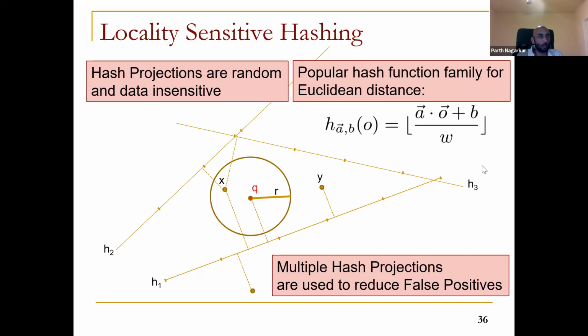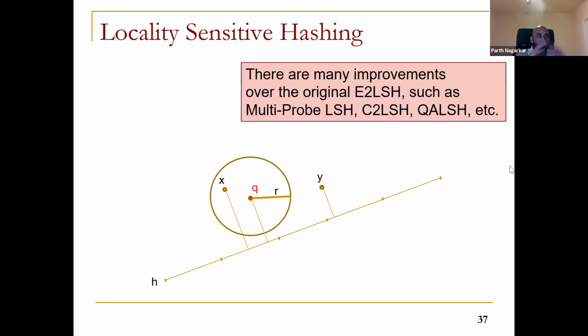And one important thing to note is that what I mentioned right now was the original classic E2 LSH, but there are many improvements over the years on how you choose W, whether there is any other better way of creating hash functions, and so on and so forth.